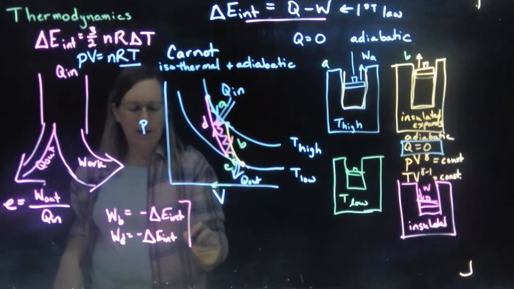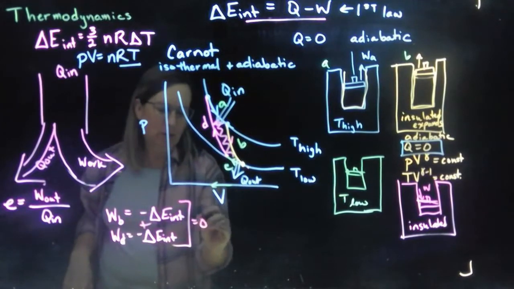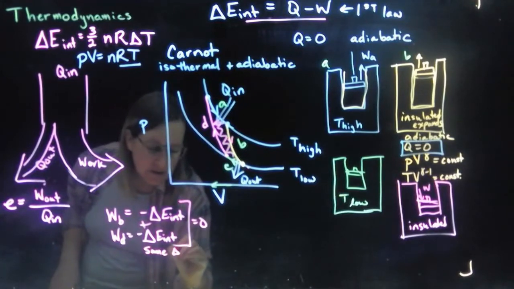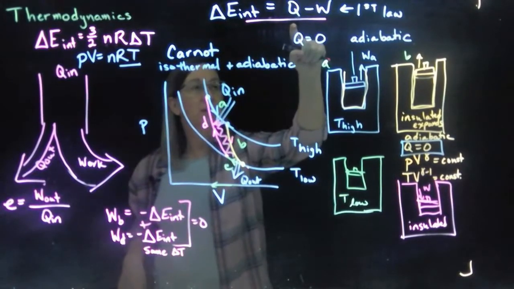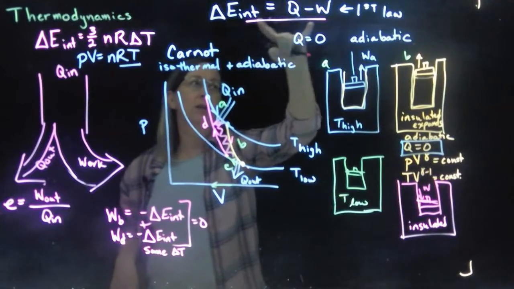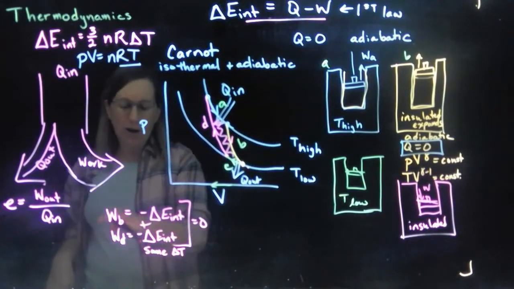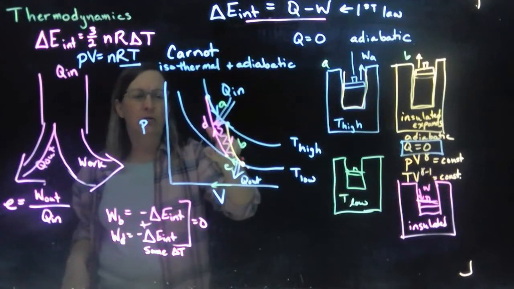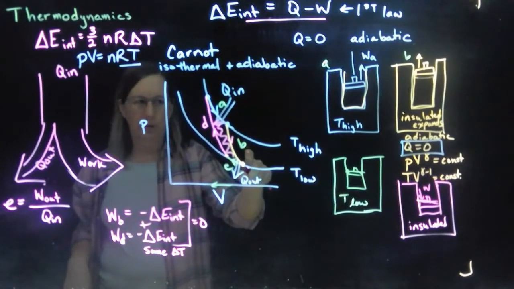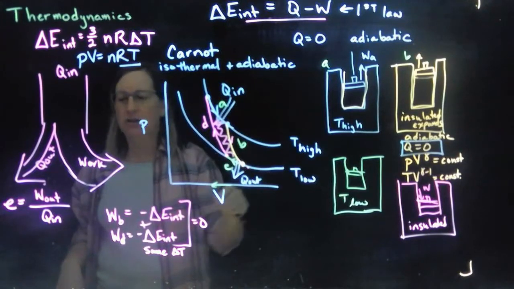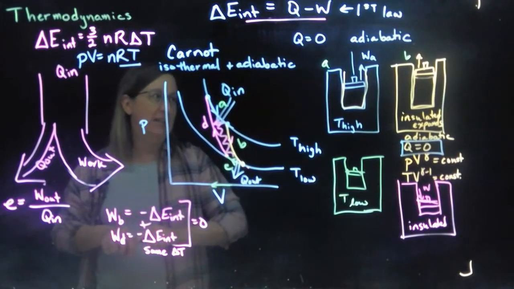But these added together just give me 0 because they have the same delta T, and our Q is 0, so internal energy is proportional to the work. So when I want to find the total work, I don't even need to worry about finding the work on D and B. Same thing for the heat. So really we're going to pay attention to steps A and C.